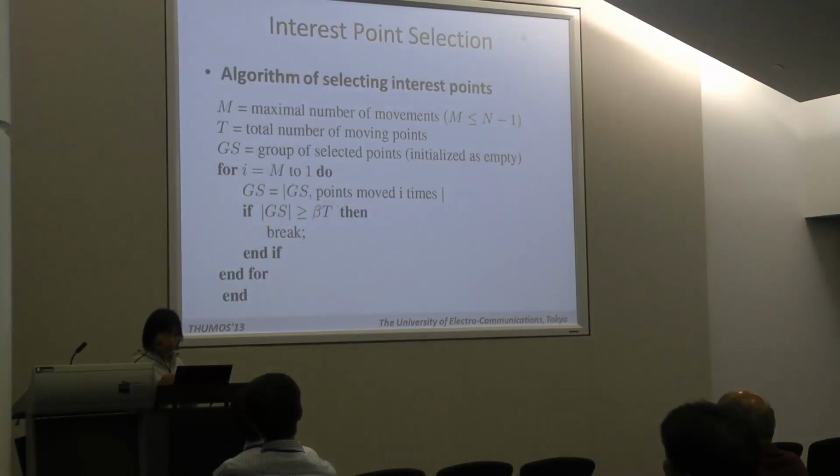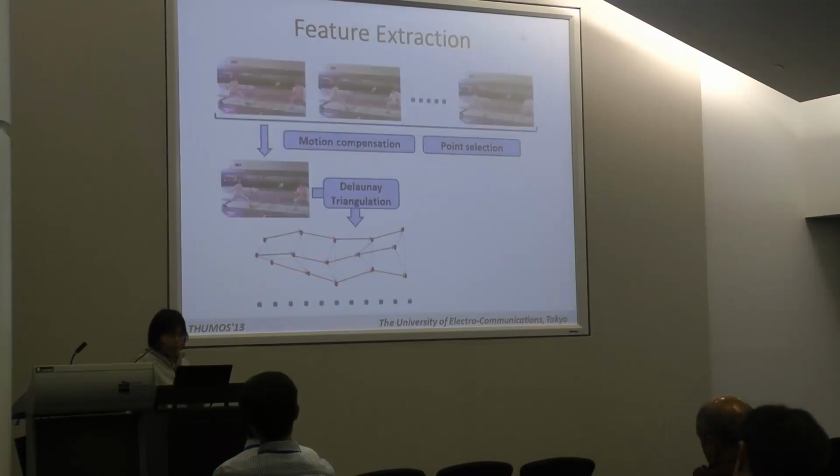And so we greedily select the interest points based on the number of their movements. The points with more movements will be selected first, and when the number of selected points exceeds the predefined number, the selection will stop.